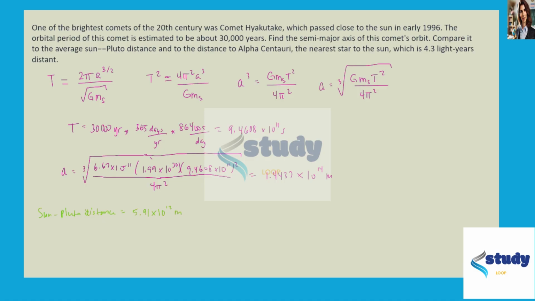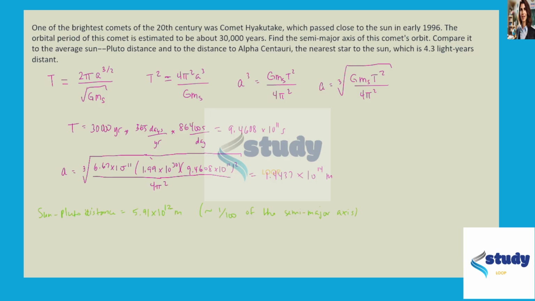Just going off our powers of 10, the comet's semi-major axis is 2 magnitudes greater. So we'll say this is approximately 1/100th of the semi-major axis, or we could say that the semi-major axis is about 100 times this value.